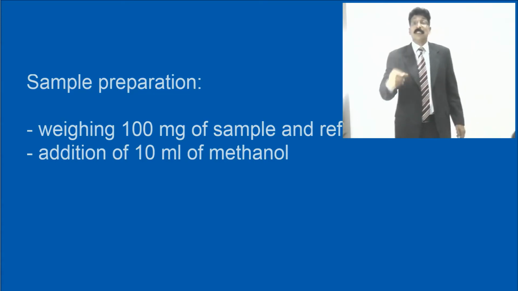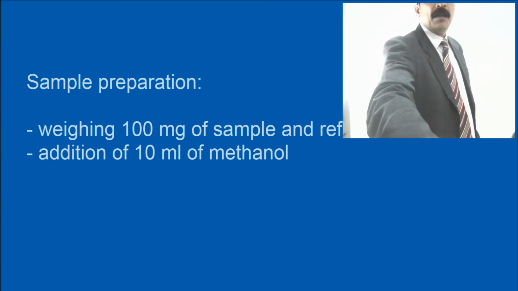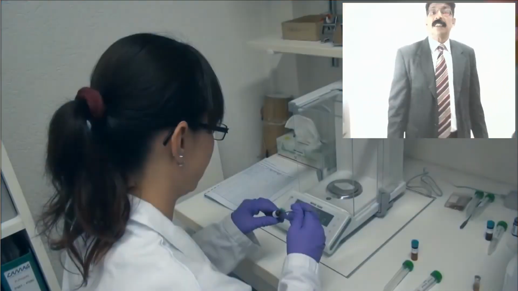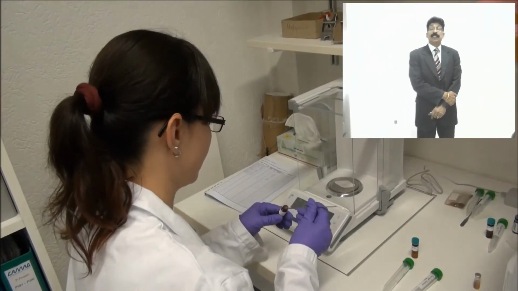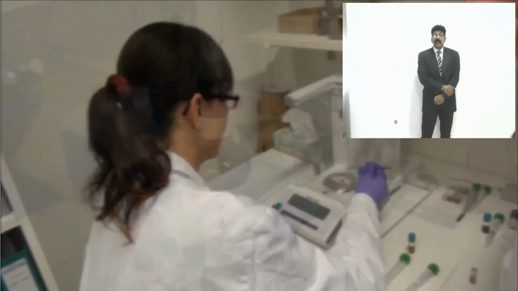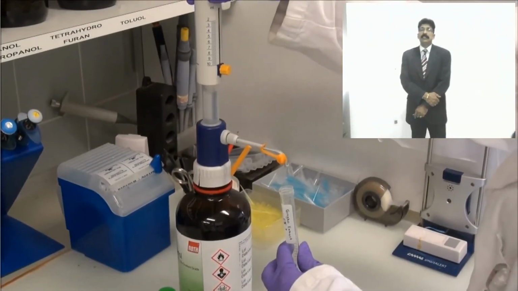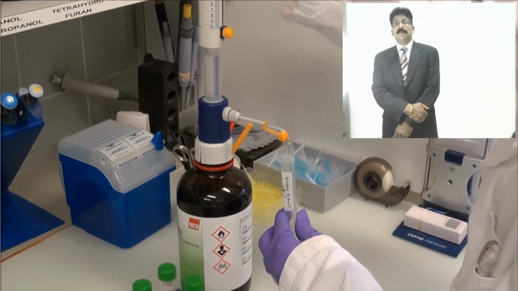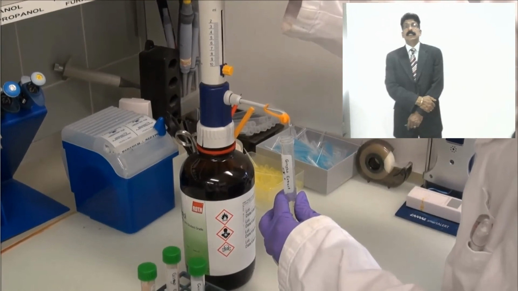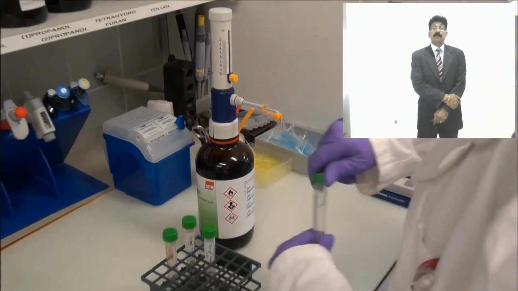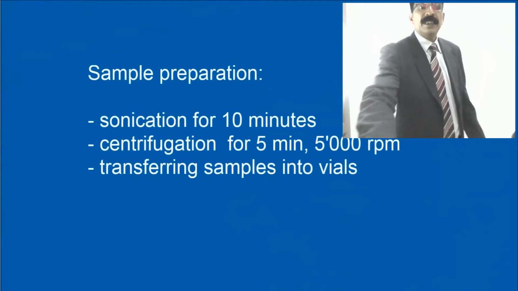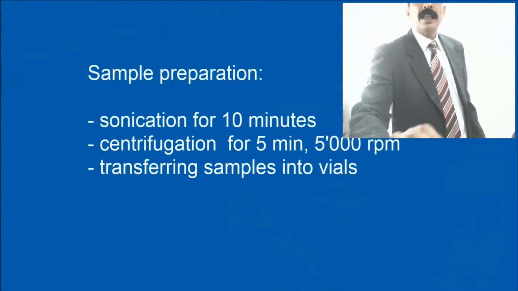That's what we are mentioning here, so that you can see how she is weighing the milligrams by means of a digital balance, and then adding methanol and preparing the sample for the HPTLC, and keeping it ready.